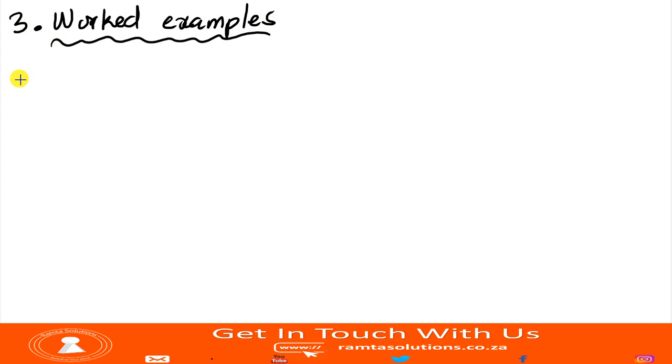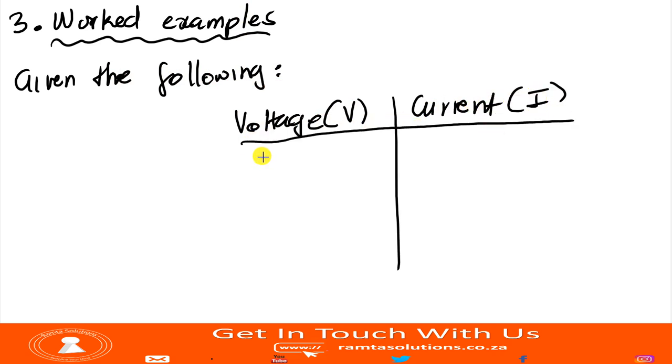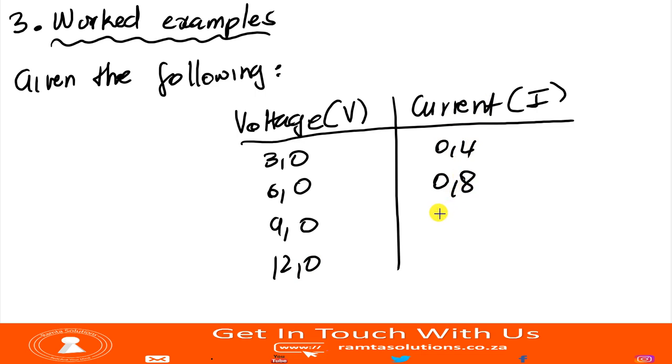I'm going to say, for example, given the following: voltage V with values 3.0, 6.0, 9.0, and 12.0, and current I with values 0.4, 0.8, 1.2, 1.6.